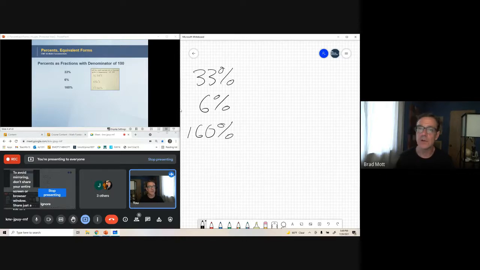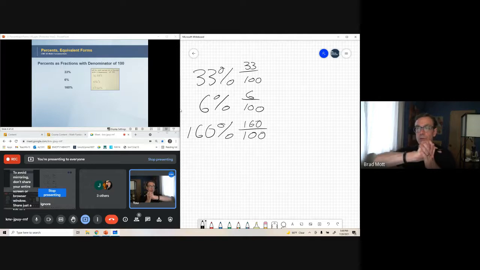If we want to rewrite these as fractions, 33% is equivalent to 33 over 100. 6% is equivalent to 6 over 100. And lastly, 160% is 160 over 100. Now, I am not at this time going to simplify these. I'm going to leave them as is.